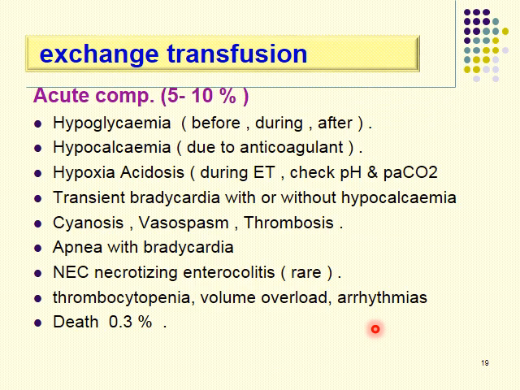Now, what are the complications of exchange transfusion? There are acute complications which include hypoglycemia, hypocalcemia, hypoxic acidosis, transient bradycardia with or without hypocalcemia, cyanosis, vasospasm, thrombosis.